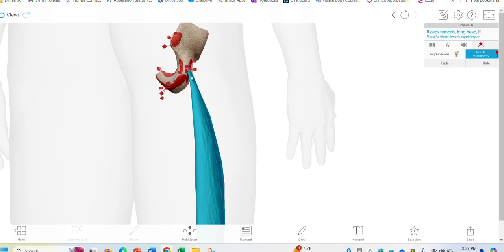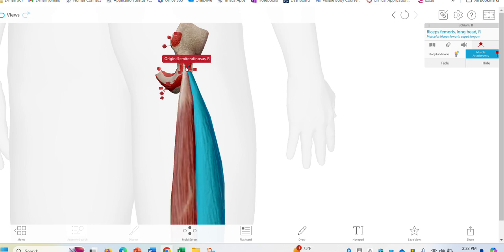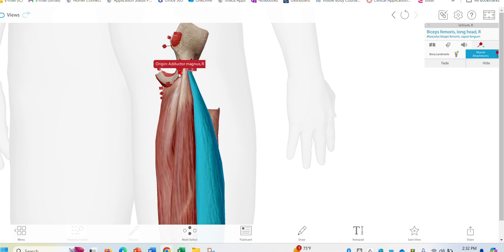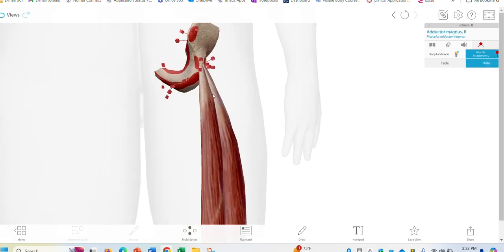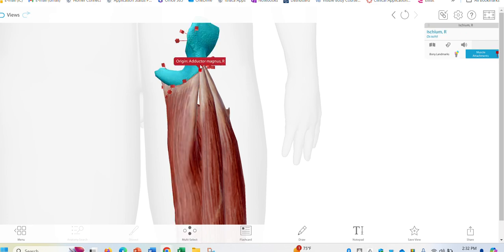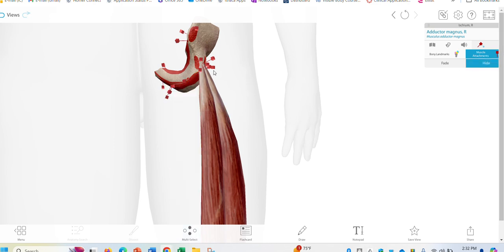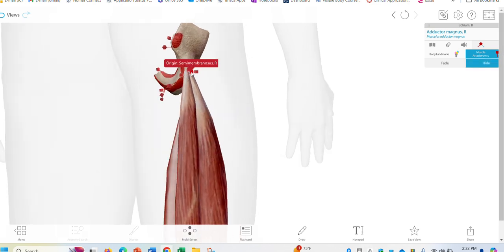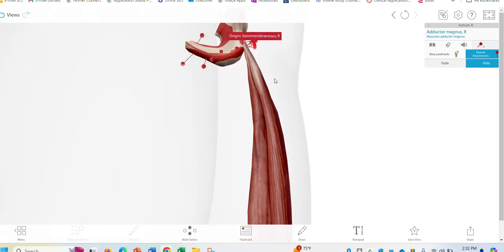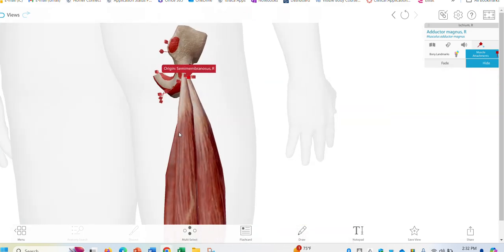So right now, we see our biceps femoris long head, our semitendinosus, and we also see our semimembranosus on the ischial tuberosity.